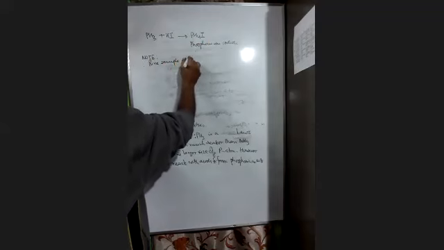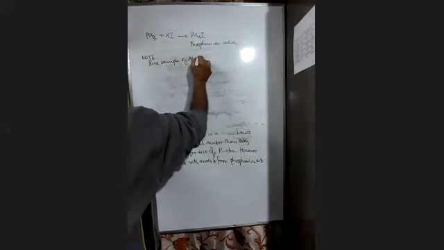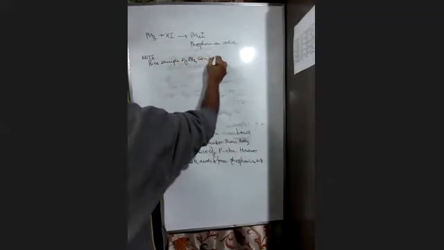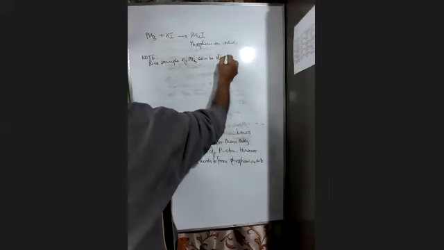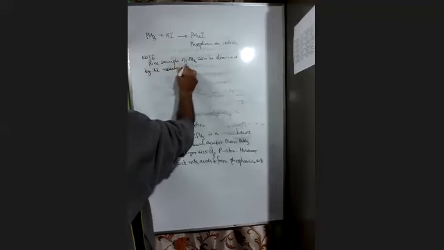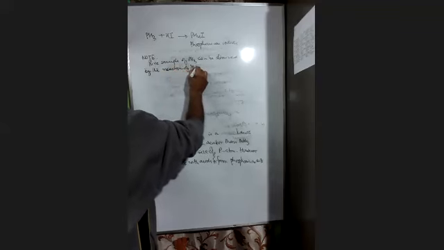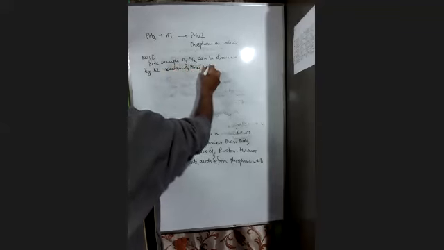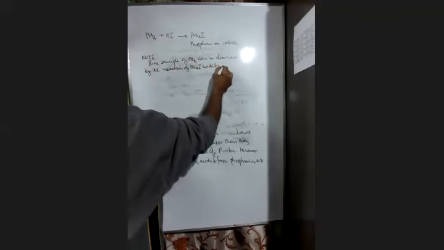Pure sample of phosphine can be obtained by the reaction of PH4I with base.